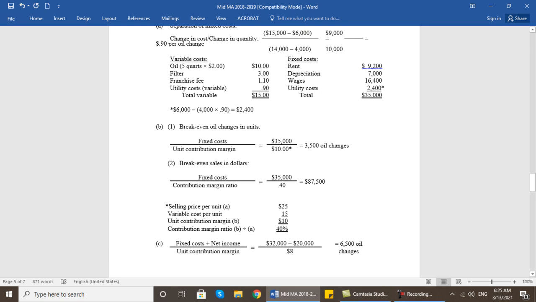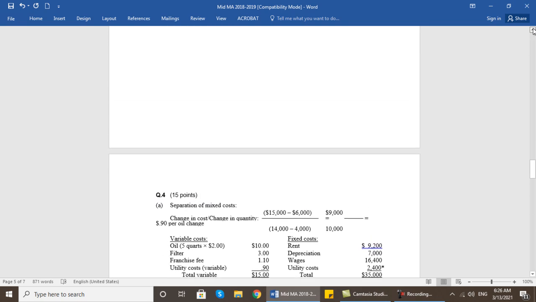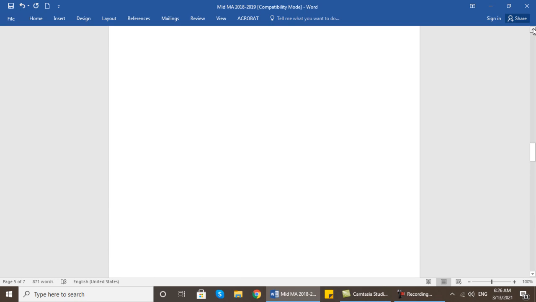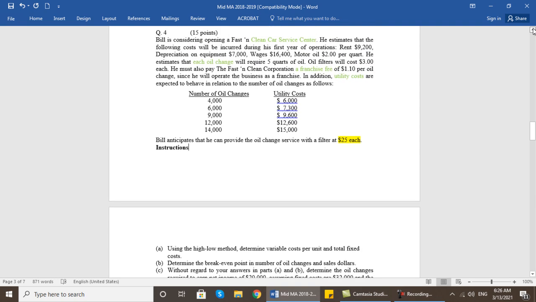As you see, question number 4 is from chapter 5. You can see this exam on my page and in the model.